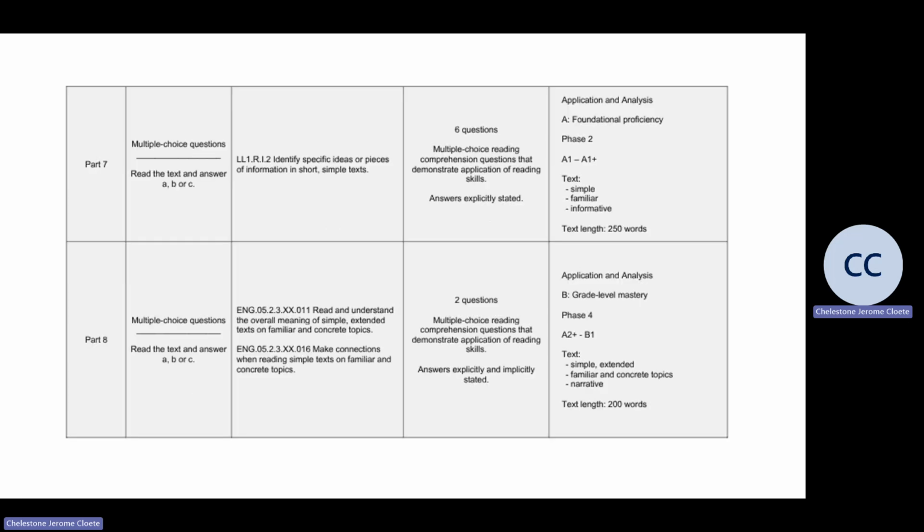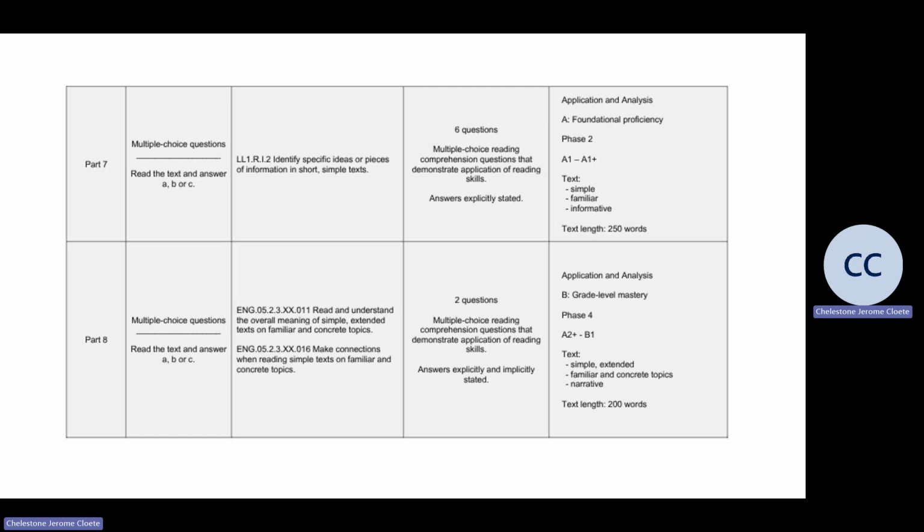Then part 7, multiple choice questions. Read the text and answer A, B, or C. And then 6 questions, multiple choice reading comprehension questions that demonstrate application of reading skills. Answer explicitly stated. All right. So the last part, sorry, not the last part. Third last part is part 8, multiple choice questions again. 2 questions, multiple choice reading comprehension questions.